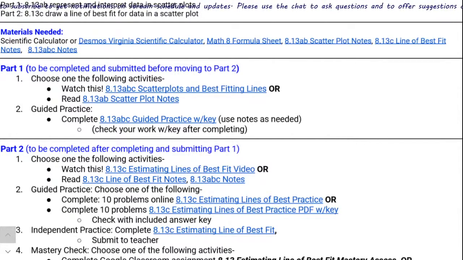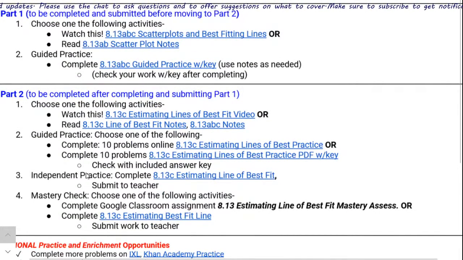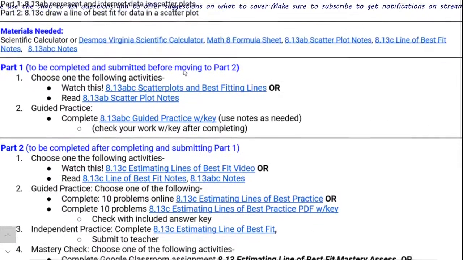If you are using Google Classroom, there are two things you can turn in, two quizzes. The first one is going to be the independent practice for the AB review.